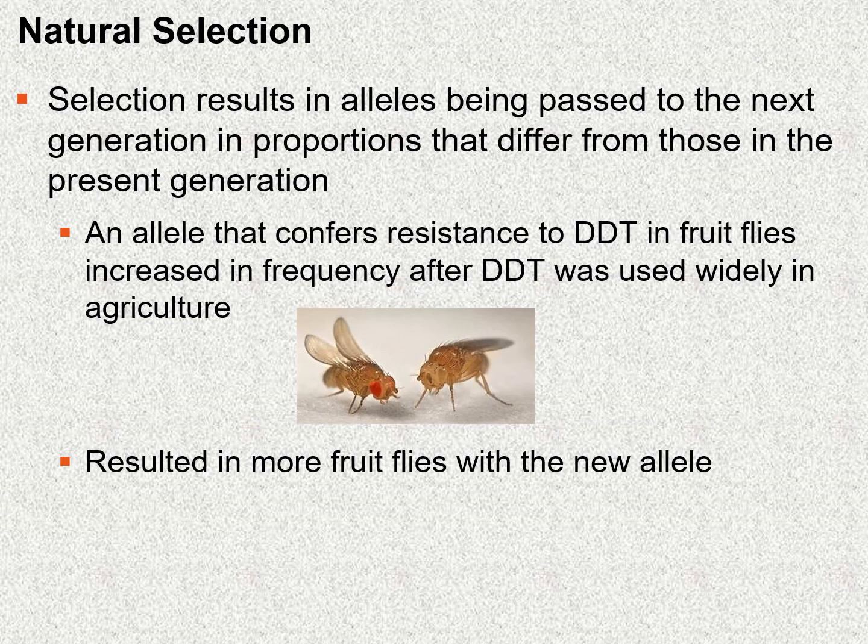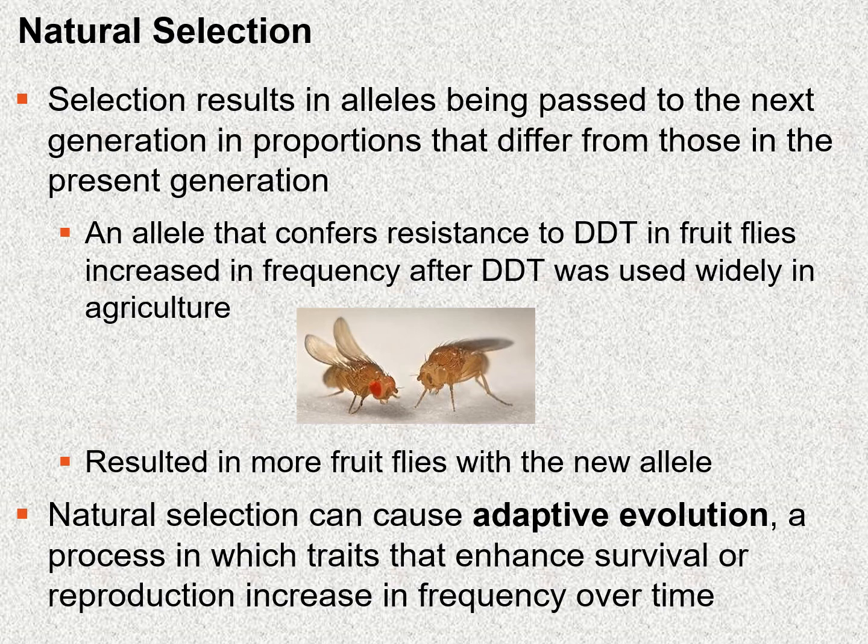Right, it allows these flies to survive in the presence of DDT. So again, as they reproduce, they're passing on this allele to the next generation because the ones with that resistance gene or allele are more likely going to survive and reproduce in the presence of that selective pressure, the DDT.